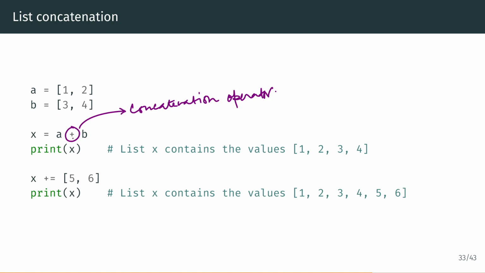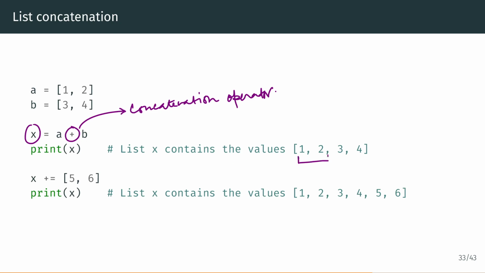In this example, A is a list of size 2, and the elements are 1 and 2, and B is a list of size 2 again, and its elements are 3 and 4. So when we do A plus B, we get a new list, which in this example we store in the variable x, and x is a new list that contains values 1 2 3 4.